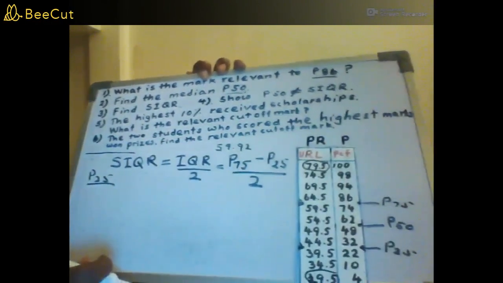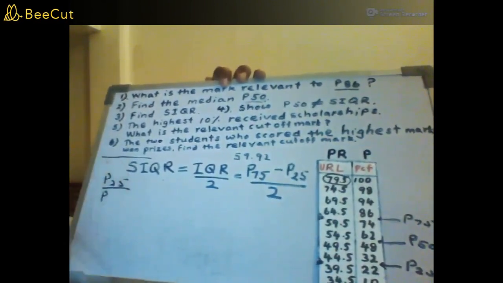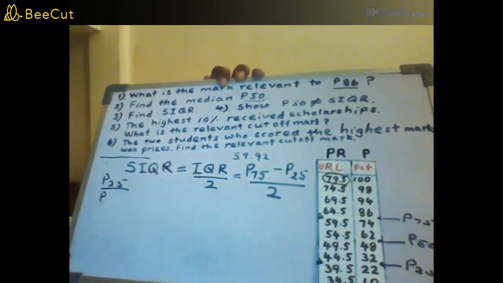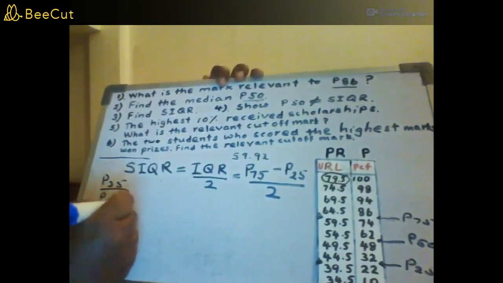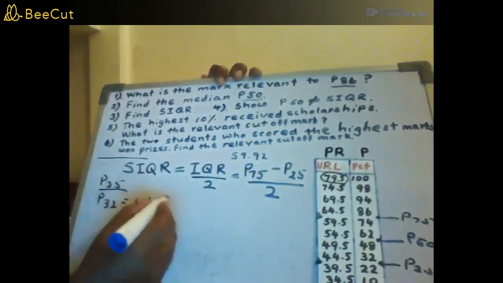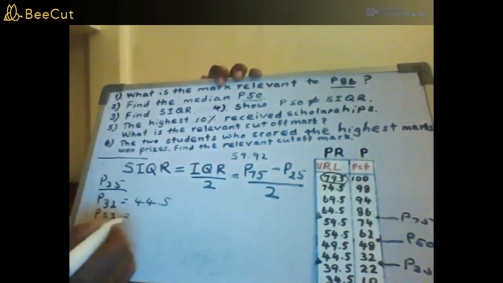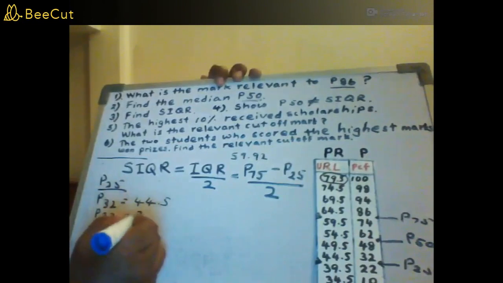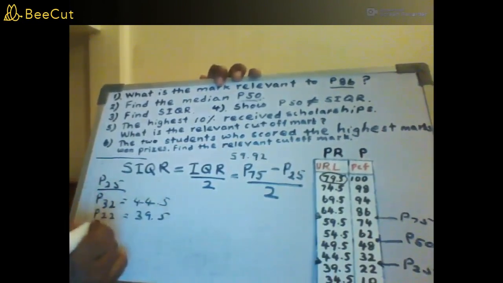Okay. Now tell me the values. P32 equals 44.5. P22 equals 39.5. We have to find P25.